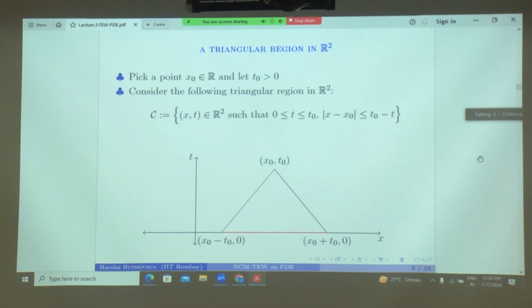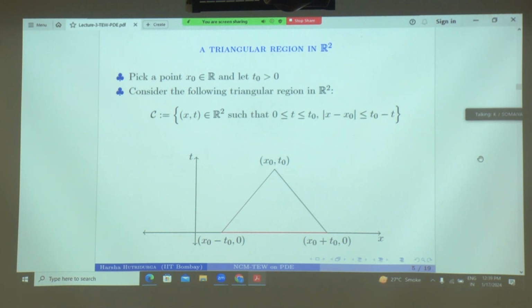Now, if I take a slice parallel to the x-axis, I'll hit two points on the sides. They will be (x0 minus t0 plus t, t) and (x0 plus t0 minus t, t).